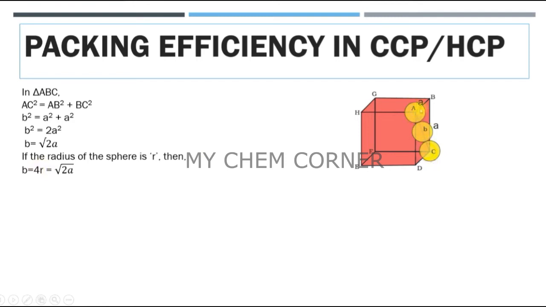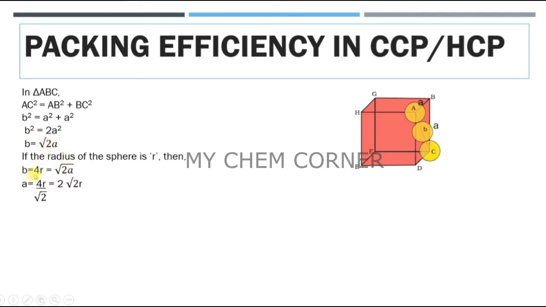Of these 3 spheres, for the first sphere, half the circle is on the hypotenuse, so we have 1 radius here. The center sphere has 2 radii, both of them on the hypotenuse, and for the last sphere, half the circle is on the hypotenuse. So in total we have 4r, or 4 radii. I've written that 4r, which is further equal to root 2 times a.